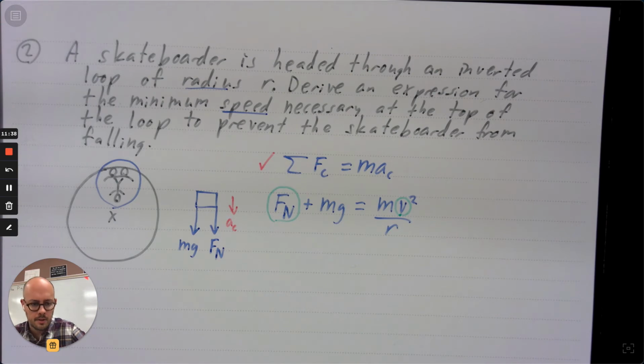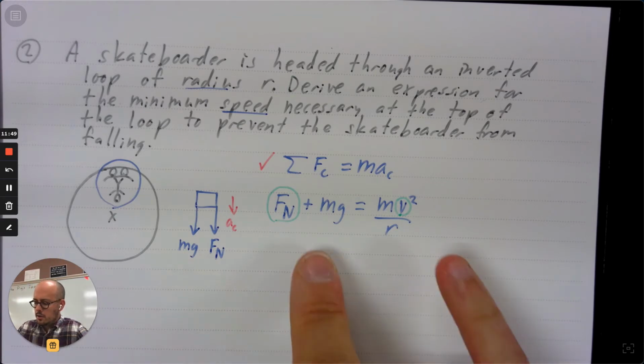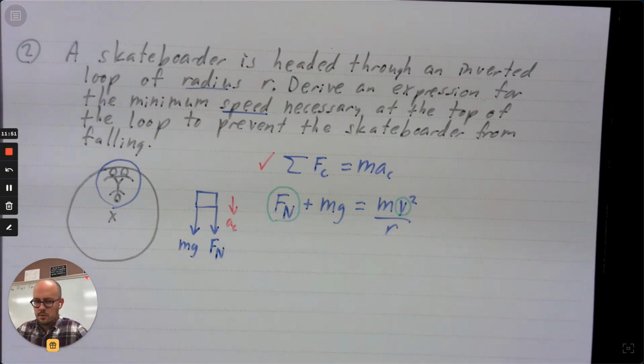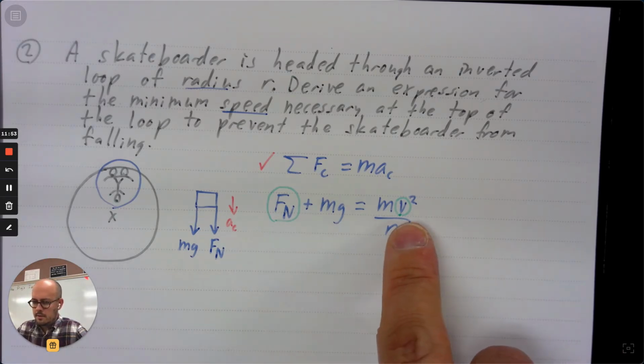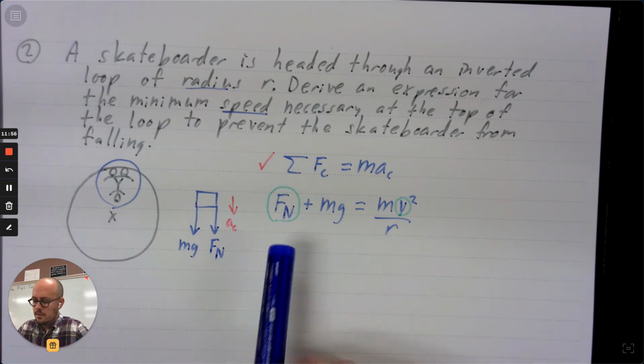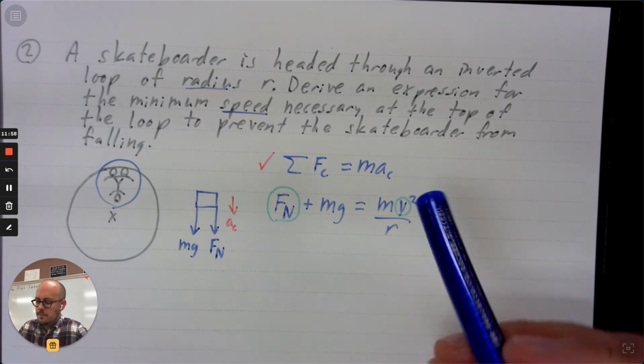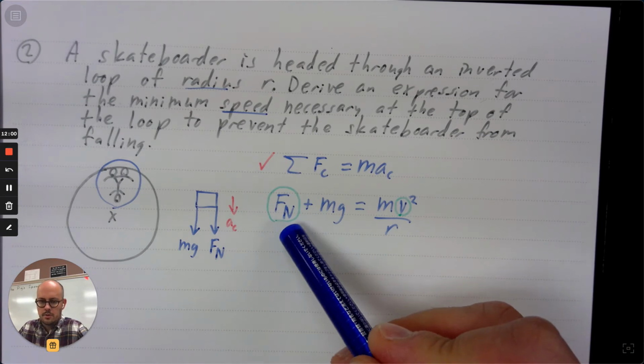So the only thing the skateboarder can do is control their speed, and according to this equation, that's going to influence their normal force. If you look at how the equation is set up, these two things have a direct proportion. As the speed of the skateboarder increases, the normal force increases. If the speed decreases, so does the normal force.